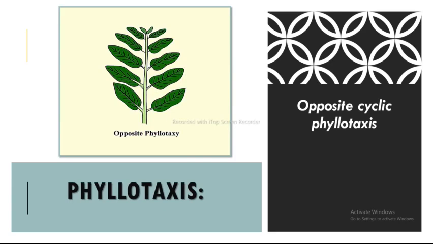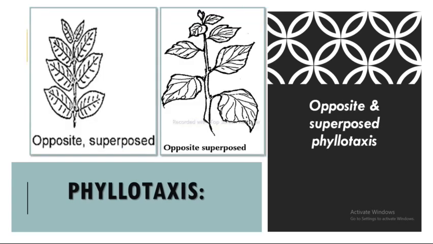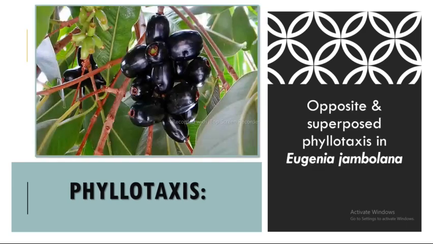Again, this is opposite phyllotaxis. You can see in this figure that this is opposite and superposed condition. Next is the opposite superposed phyllotaxis in jamun, and jamun is also known as Eugenia jambulana.